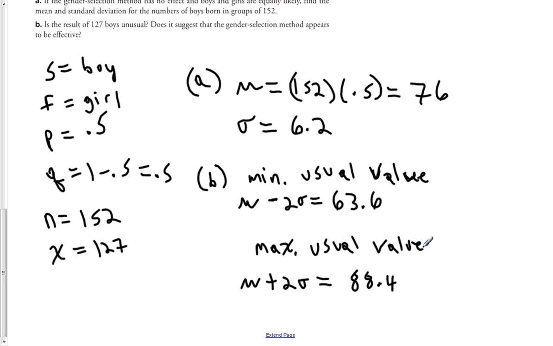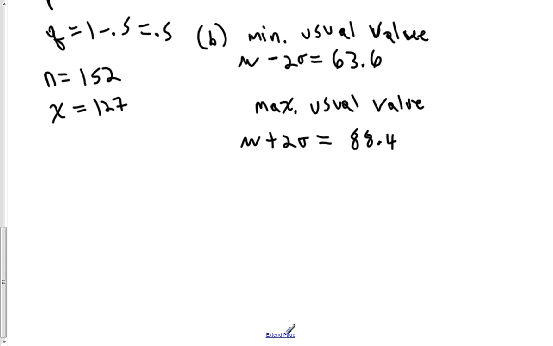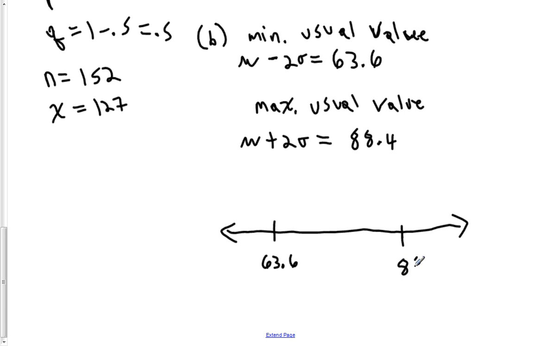All right, so basically our number, which is 127 for x, falls well outside of this range. What we're saying is that the usual values fall between 63.6 and 88.4, where the mean is in the middle here, which we said was 76.